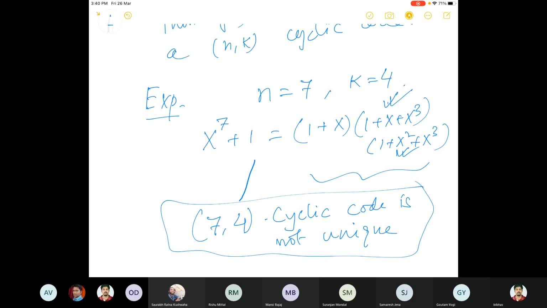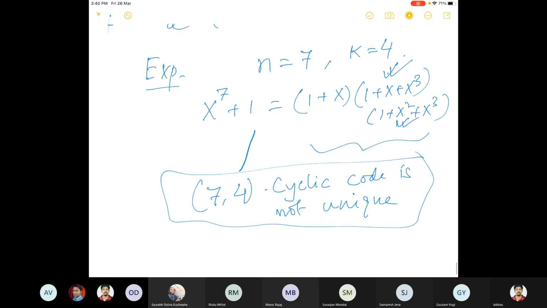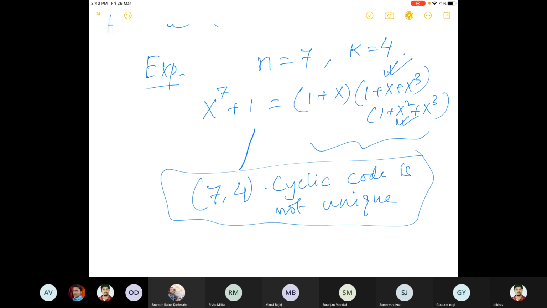Then the question is which one to choose among those, and this is very difficult to answer. There can be bad codes and good codes in some sense, and good or bad should be in the sense of implementation.